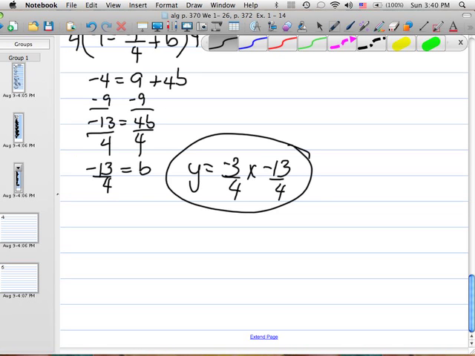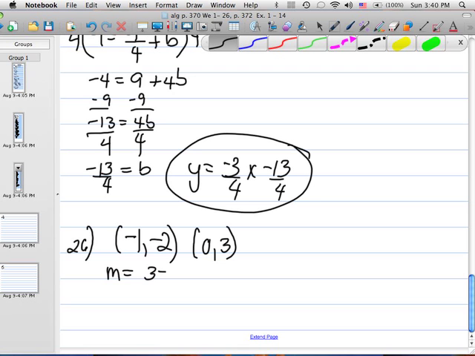And the last one, number 26. The ordered pairs are 1, negative 2, and 0, 3. Change in y, find the slope, 3 minus a negative 2 over 0 minus a negative 1. That becomes 5, and that's 1, so our slope is 5.